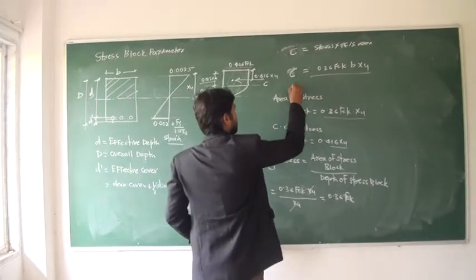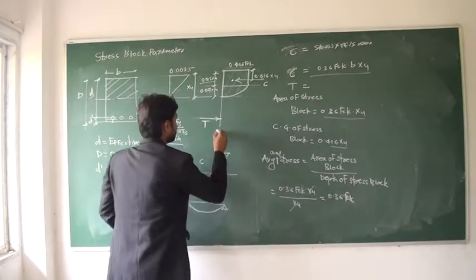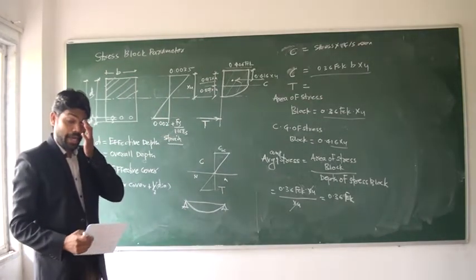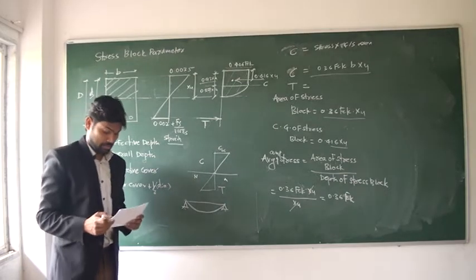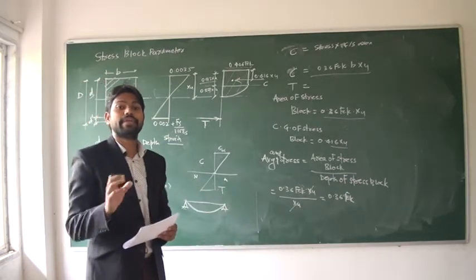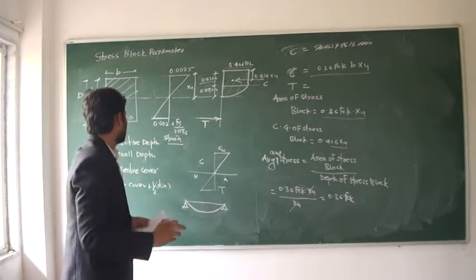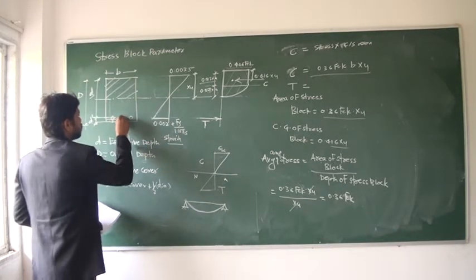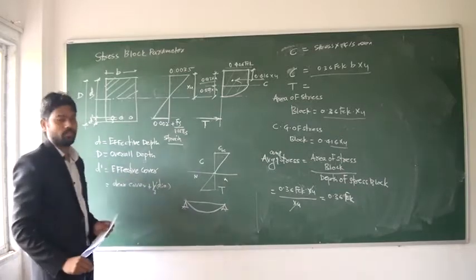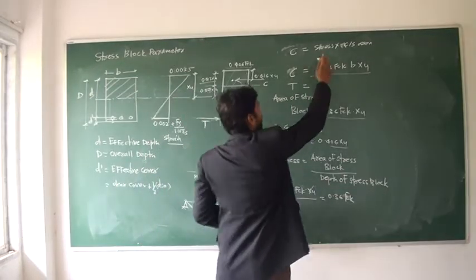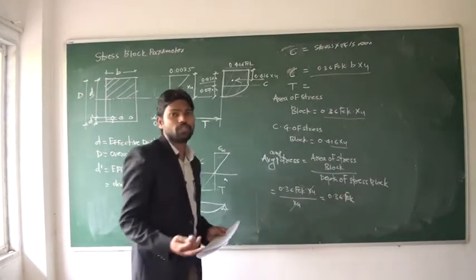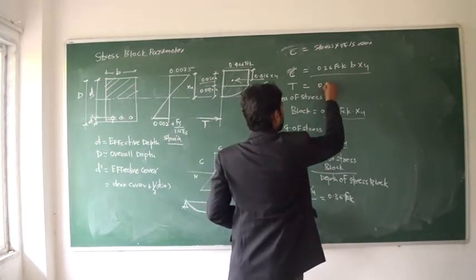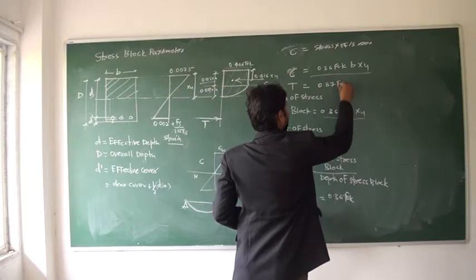Now what is total tension? Tension will occur at the bottom, and as per our assumption, all the tensile part will be taken care of by the reinforcement. So this whole tension at the bottom of the neutral axis will be carried by the reinforcement. Again this is stress multiplied by cross sectional area. Now what is the stress in steel? The maximum permissible stress in steel will be 0.87 Fy.